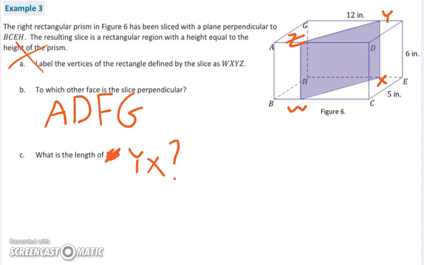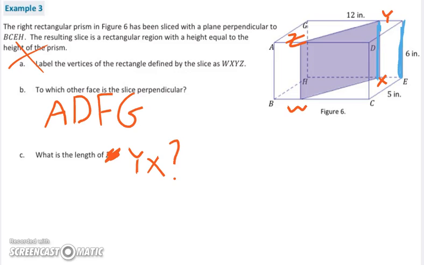Let's take a look. Here's the line that we're looking at right here. What line do you think corresponds to that in our right rectangular prism? It makes sense that it would also be the height, right? That vertical line.